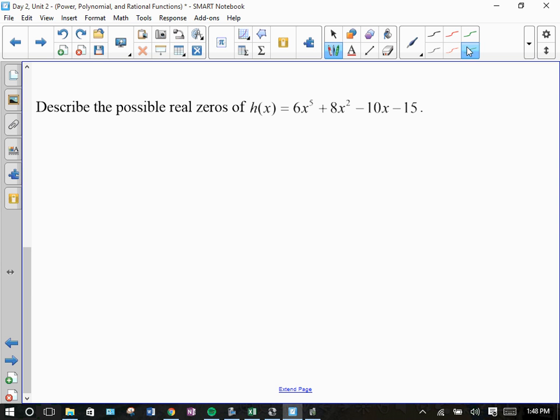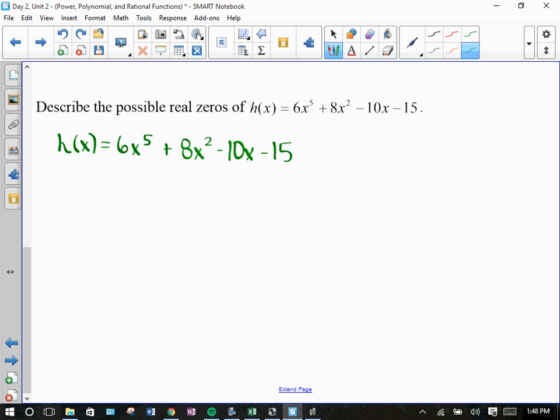So we're going to find the sign changes of our original function. Is this going to help us find the positive zeros or the negative zeros? Okay, so it is going to help us find the positive zeros. Why is it going to help us find the positive zeros?